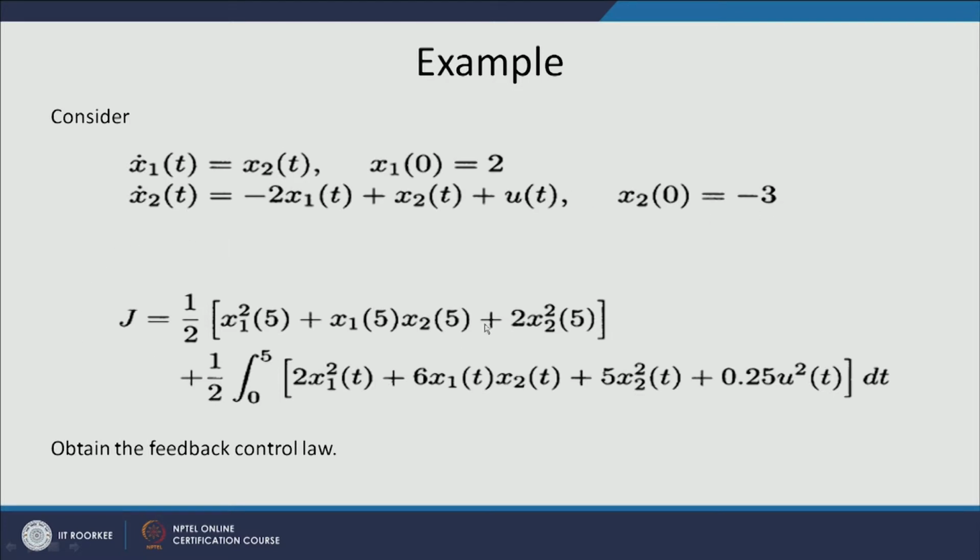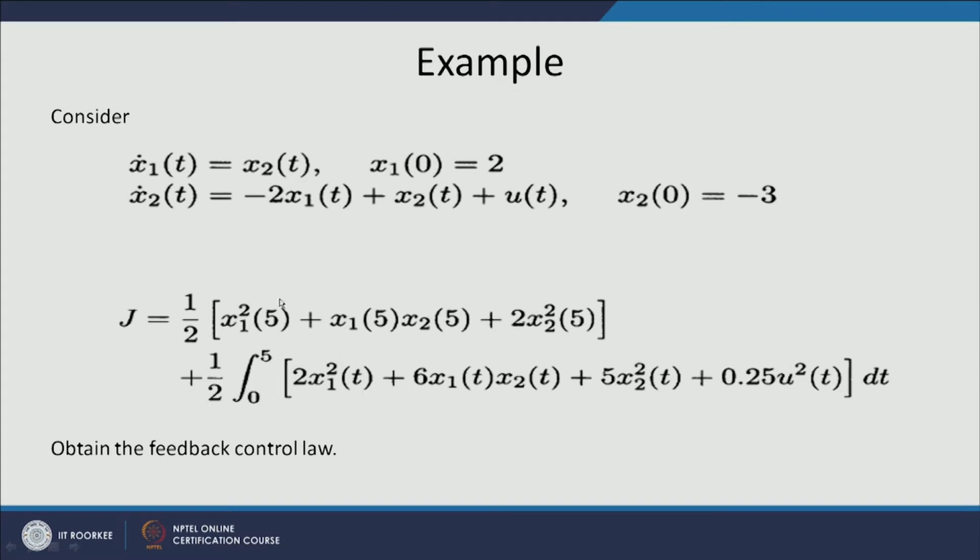Our objective is to determine the optimal control law u(t), which will minimize the performance index J given here. So, we can see in this example we will have the terminal cost as well as my integral cost.